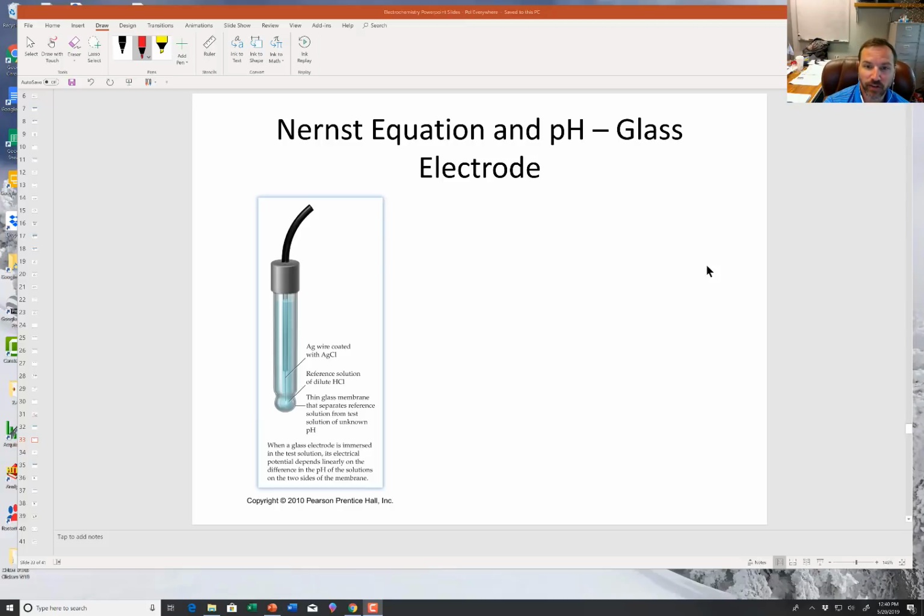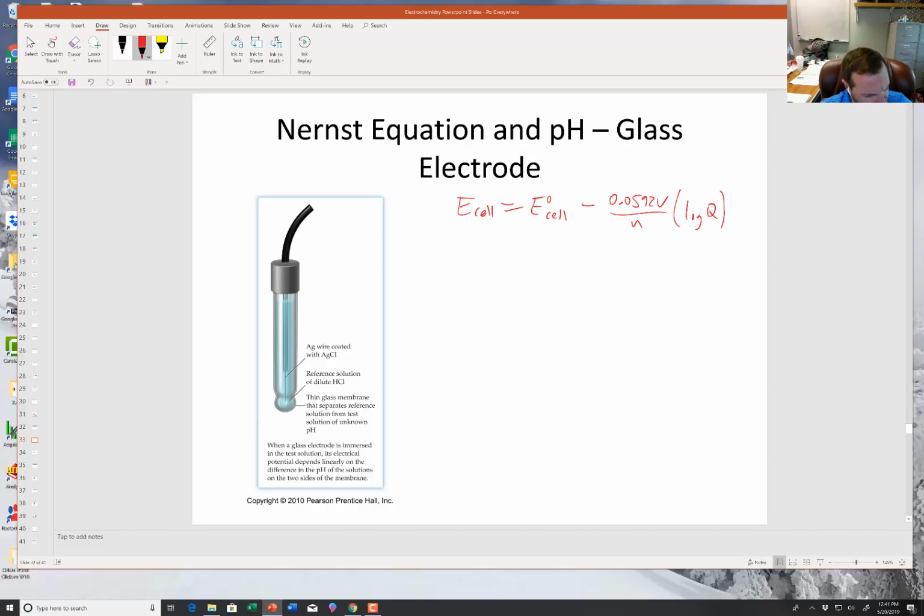So we know that, of course, E cell equals E cell standard minus 0.0592 volts over the moles of electrons times the log of Q. So there's our Nernst equation we talked about in the last video.